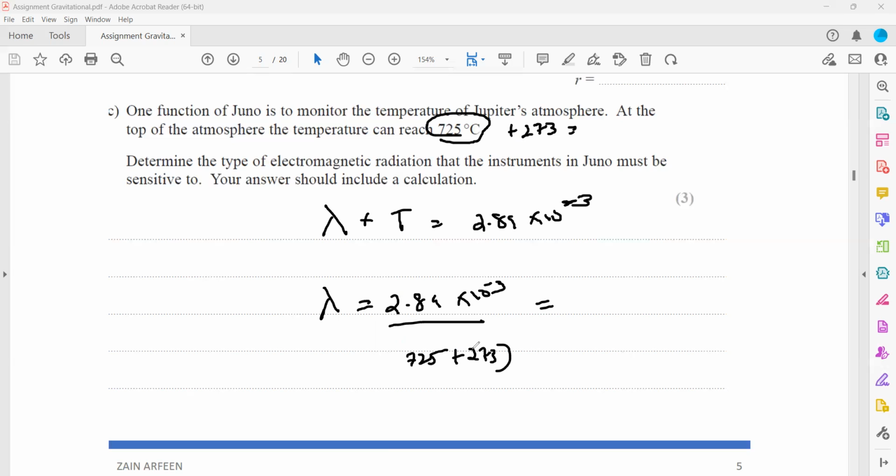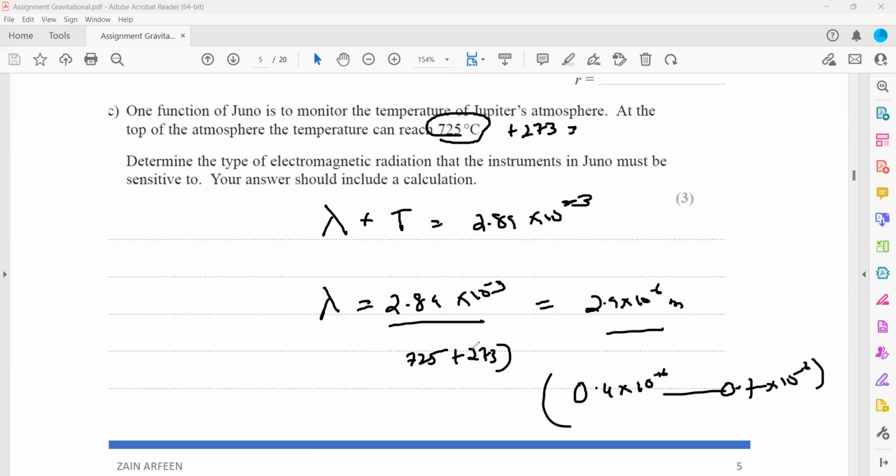which is 2.9 exponent minus 6 meter. And this wavelength corresponds to IR, because it is a longer wavelength. 10 power minus 9 is nanometer, and in micrometer, 0.4 into 10 to the power minus 6 to 0.7 into 10 to the power minus 6 is the range of visible light.